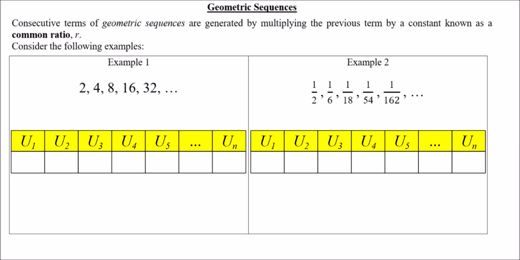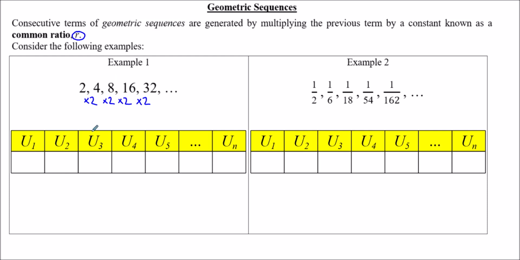So hopefully you can see here what's happening is these terms are doubling. So what I'm doing as I'm moving along is just multiplying by 2 each and every time. And 16 times 2 is 32. The next number would be 64. So this common ratio r is 2 in this case.